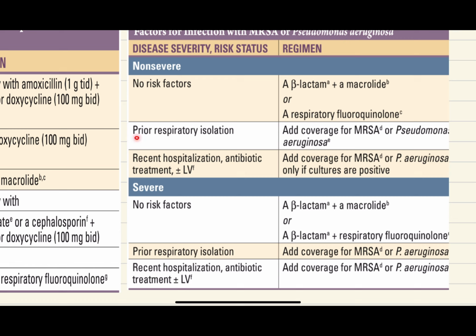If the patient has prior respiratory isolation, then add coverage for methicillin resistant Staphylococcus aureus or Pseudomonas aeruginosa. If the patient has recent hospitalization or antibiotic treatment, then you are going to add coverage for methicillin resistant Staphylococcus aureus or P. aeruginosa only if cultures are positive.